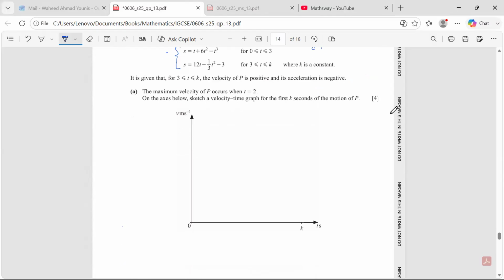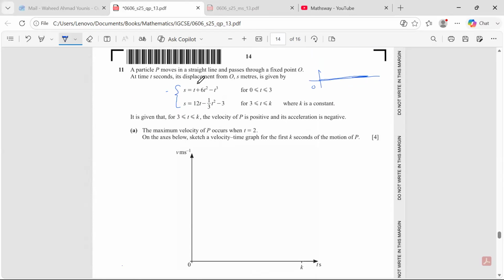Okay, so how do we sketch a velocity-time graph? Remember, the derivative of this displacement will give us the velocity. Let me write it here. So if I differentiate this first expression, the velocity is going to be 1 plus 12t minus 3t squared.